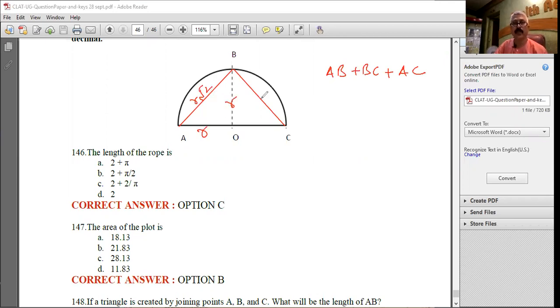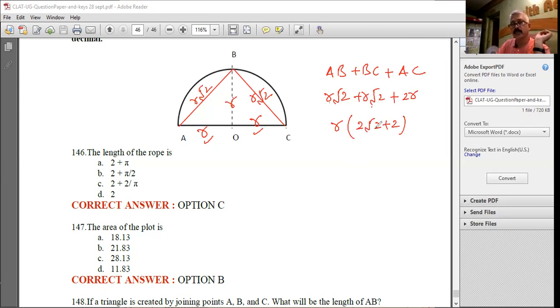Pythagoras theorem, all of you know. And it is also R root 2. Correct? So now, perimeter of triangle ABC: AB is R root 2, BC is R root 2, and AC is R plus R, means 2R. So finally, this is 2 root 2 R plus 2R. If you take common R, then R into 2 root 2 plus 2. Is it right?